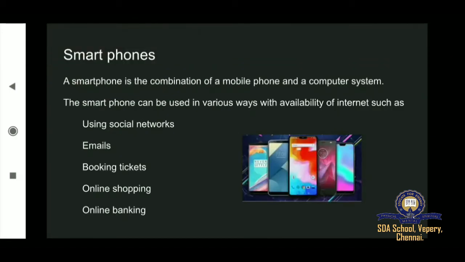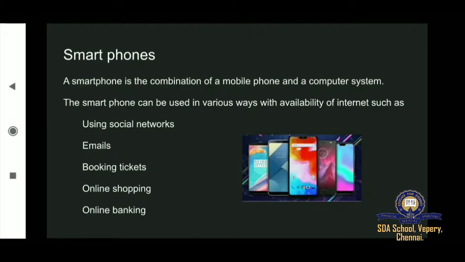Yes, the smartphones. We have already seen smartphones. Everyone might be having a smartphone, or your parents will be having a smartphone. So smartphone nowadays is very common. Everyone uses smartphones. So a smartphone is the combination of a mobile phone and a computer system.